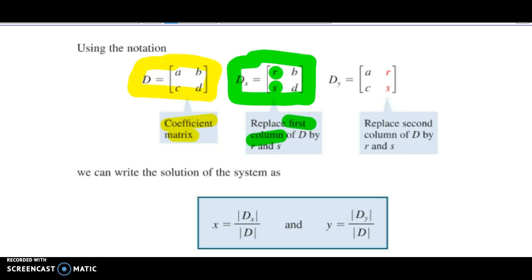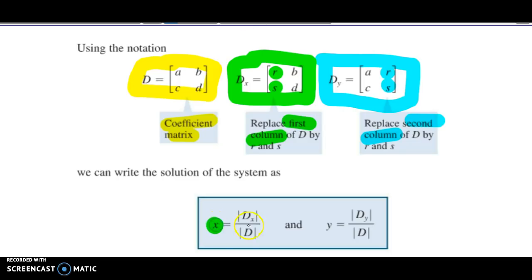In order to find D of y, we replace the second column with R and S. We can write the solution of this system as x is the determinant of x divided by the determinant. And in order to find the solution for y, it's the determinant of y divided by the determinant.